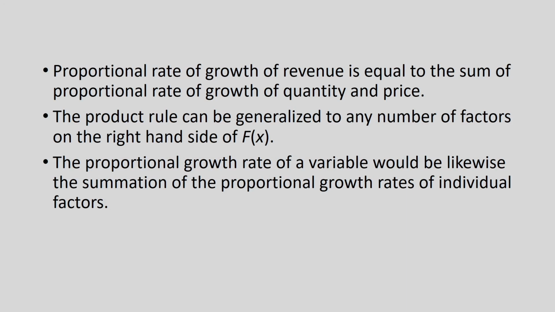The product rule can be generalized to any number of factors on the right hand side of f(x). What is meant by this is that suppose f(x), instead of just small f and small g, I take this as a(x) times b(x) times c(x). Suppose only 3 functions are involved, so you do not have 2 functions on the right hand side, but 3 functions of x. Then what happens to the product rule?